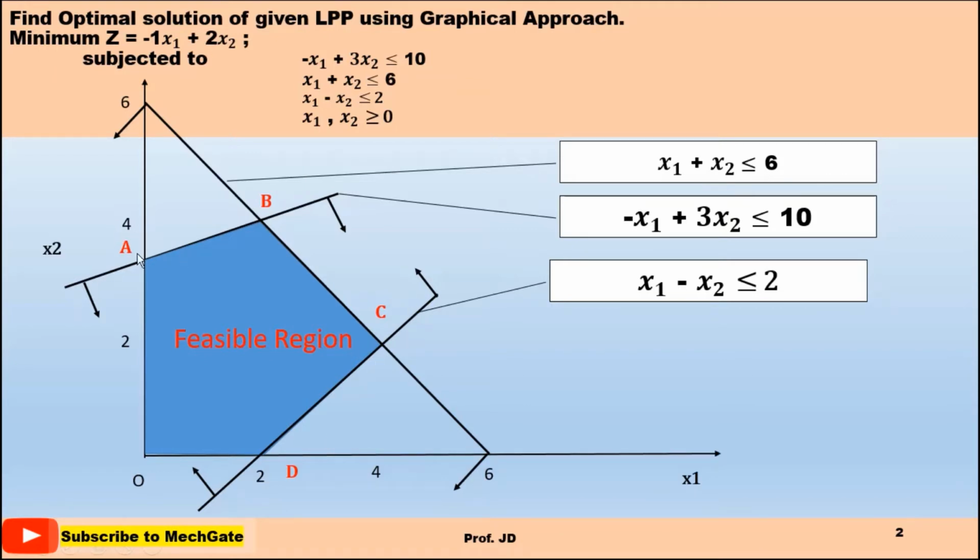The coordinate of A is 0, 10 by 3, because we have found this point as 0, 10 by 3. If you closely observe point B, its coordinate is 2, 4. Similarly, the coordinate of C is 4, 2, and the coordinate of D is 0, 2. So you have all the coordinates of the corner points.